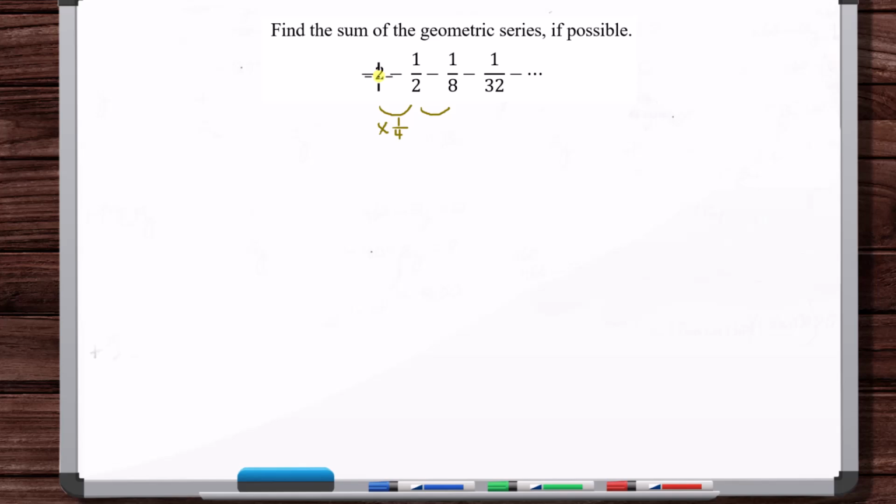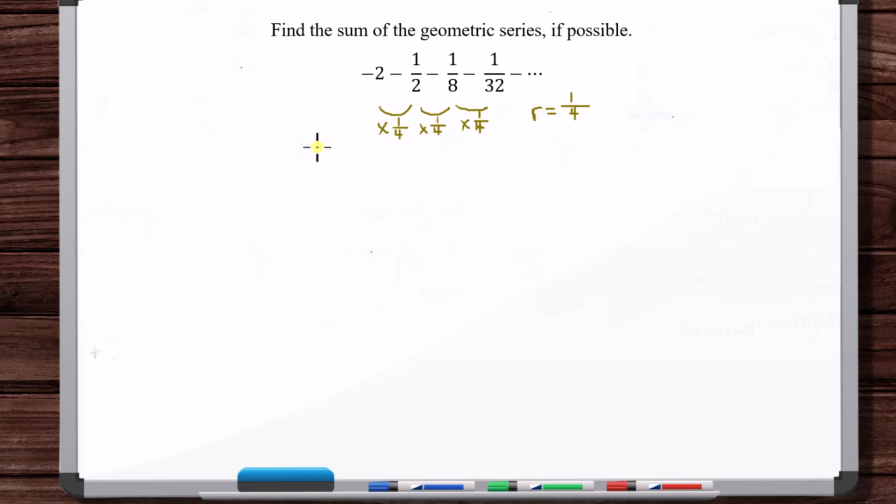The first term is minus 2, the second term is minus 1/2, the third term is minus 1/8. If you multiply minus 1/2 times 1/4, you get minus 1/8. And then to go from minus 1/8 to minus 1/32, multiply by 1/4 again. So r is equal to 1/4.